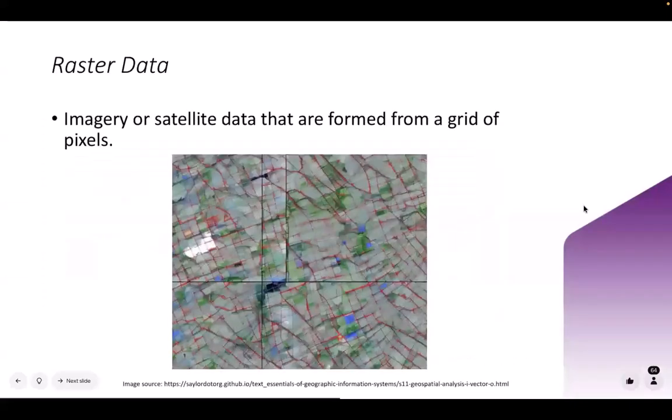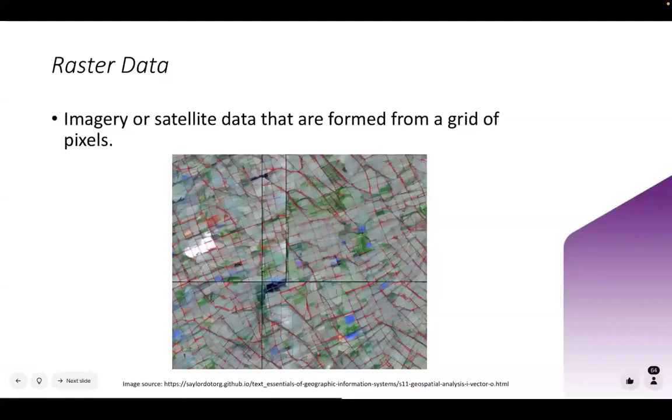We then have our raster data, and this normally refers to imagery or satellite data that are formed from a grid of pixels. Now, it's not of relevance to us in the crime data world, and this is because raster data typically represents data that changes continuously across a landscape.